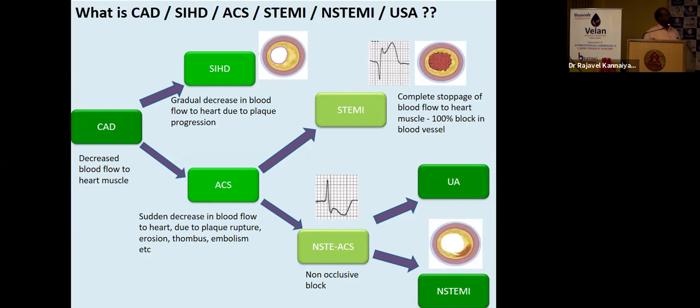Stable coronary artery disease is due to plaque progression. And ACS means acute coronary syndrome, which includes ST elevation MI, non-ST elevation MI, and unstable angina.